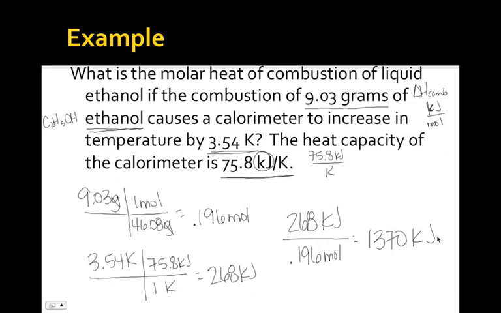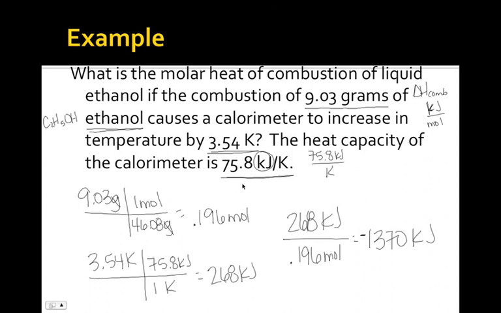So should this be a positive or negative number? You've got to think about it. Is this an endothermic or exothermic process? It's combustion. It's extremely exothermic. So plop a negative out front. And the reason that it is a negative is the calorimeter increases in temperature by 3.54 Kelvin, which means that increase in temperature was caused by this reaction, the combustion of ethanol, releasing its heat, releasing its energy to the calorimeter.